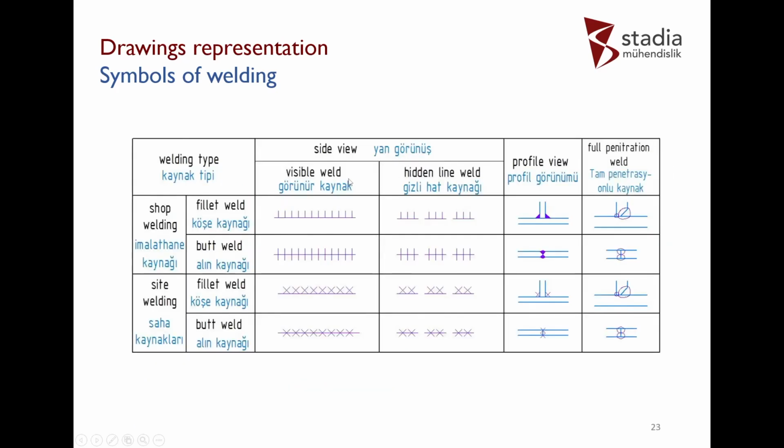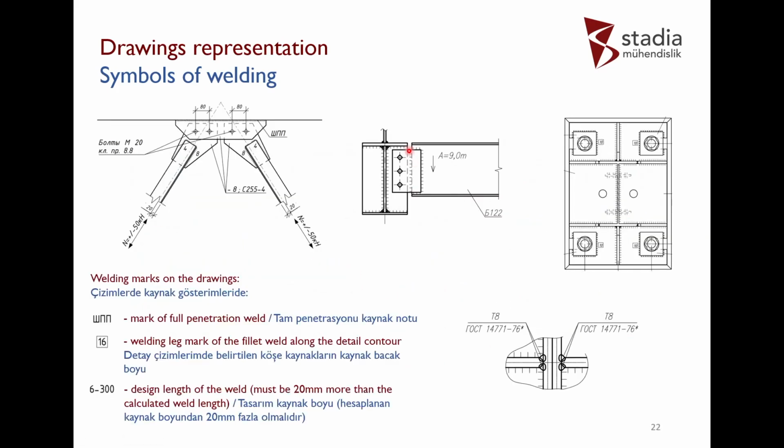And here are represented specific lines for welding. These are visible welds, this is a hidden weld, as here, for example, an invisible weld.